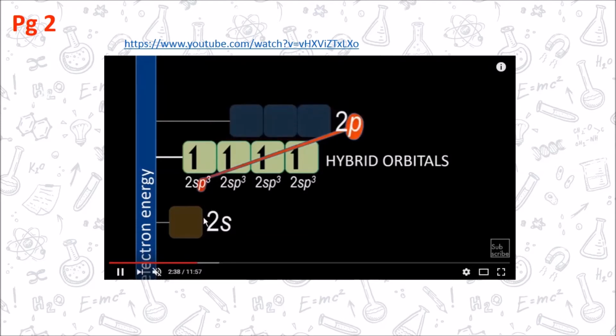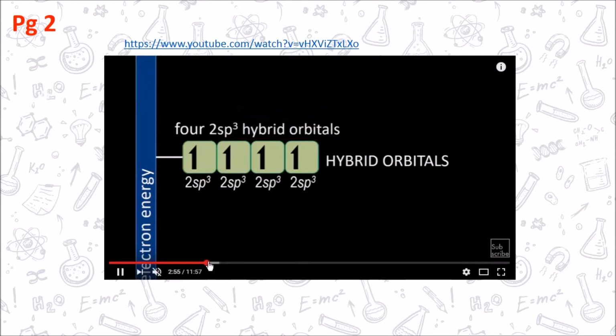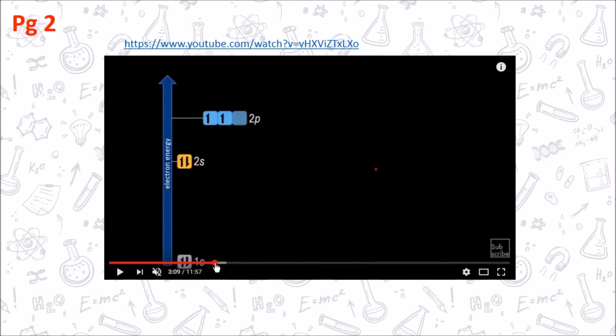This 3 here represents the 3 p orbitals I use in this hybridization, so that's why it's called sp3. In total I have 4 sp3 hybrid orbitals, because in total I use 4 orbitals as well: 1 2s and 3 2p orbitals.